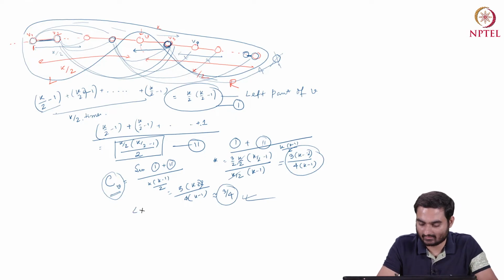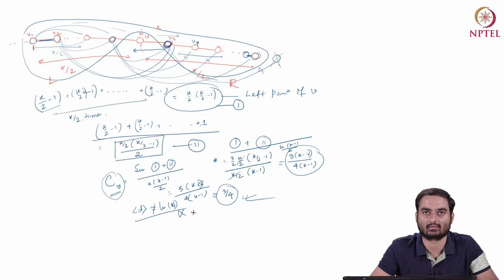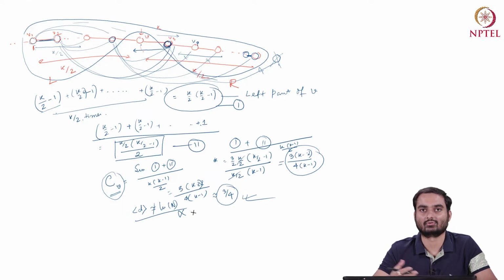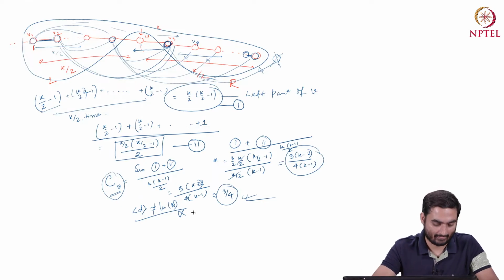So average path length would not be logarithm of L. That's the property which is not followed by the regular lattice. And obviously the other property, the power law degree distribution, will not be preserved at all, because this is ultimately a regular graph. So nodes will have the same degree, therefore the degree would be uniform.